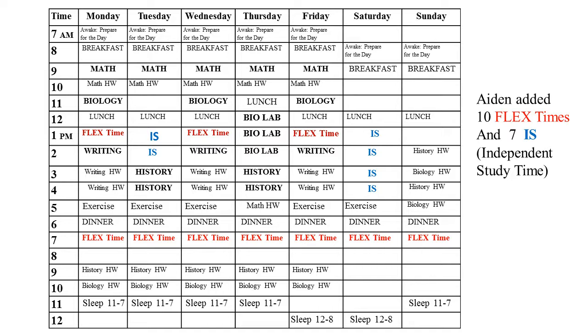Next, Aiden has math homework right after math class every day, and writing homework right after writing classes. Aiden now has 3 hours of free time every weekday, if he counts flex time. He had less free time than that when he was in high school. And finally, Aiden cut back to just 2 hours of study time each night.